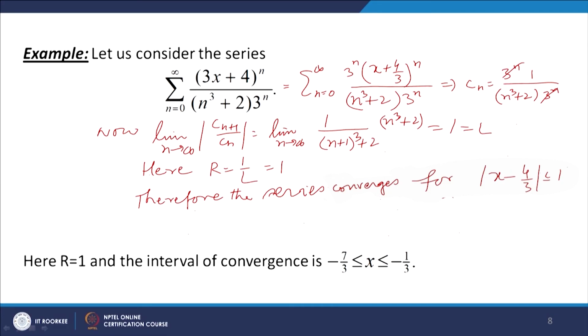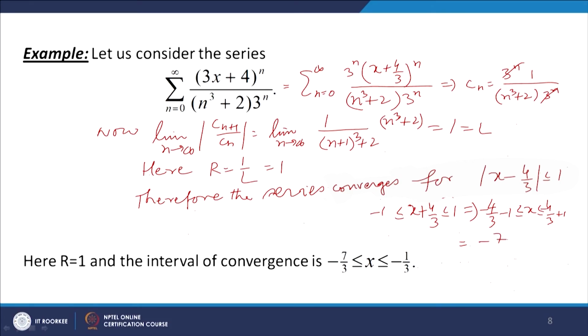Or I can say minus 1 is less than or equal to x plus 4 by 3 less than or equal to 1, which gives you minus 1 minus 4 by 3 less than or equal to x less than or equal to 1 minus 4 by 3, because the center is minus 4 by 3.